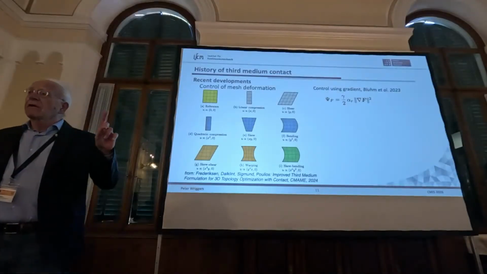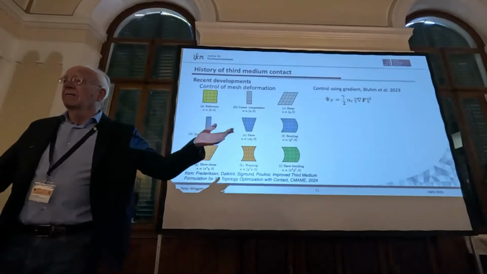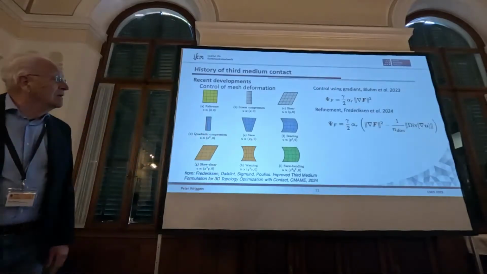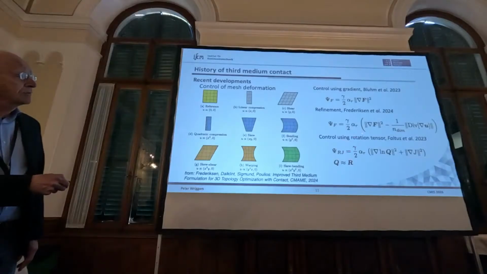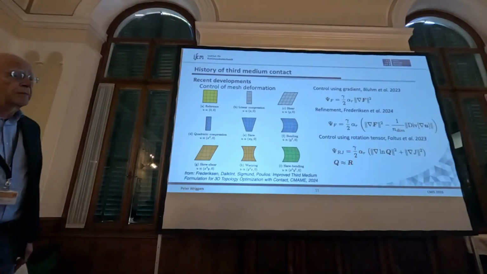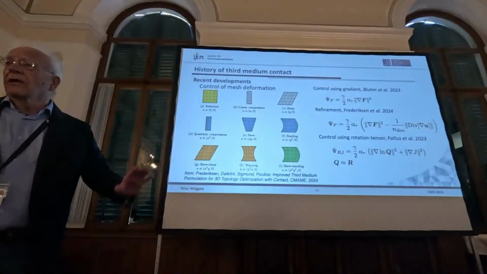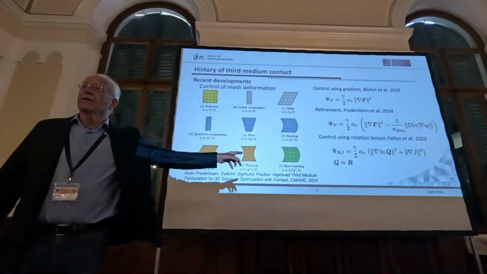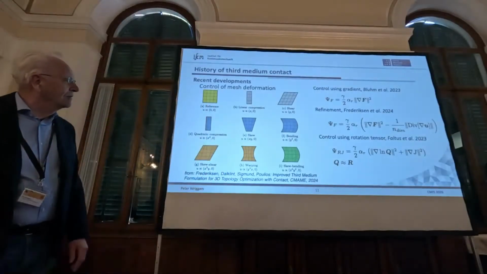Of course, the gradient of F means you need at least quadratic elements, at least from the first point of view. Then there were some refinements, and people used the rotation tensor R instead of F. So they actually approximated that. Since I'm using this automatic differentiation tool, I have done an element with the R, which works, but it's very slow. So I forgot it.